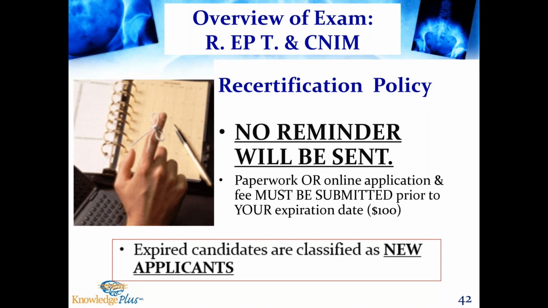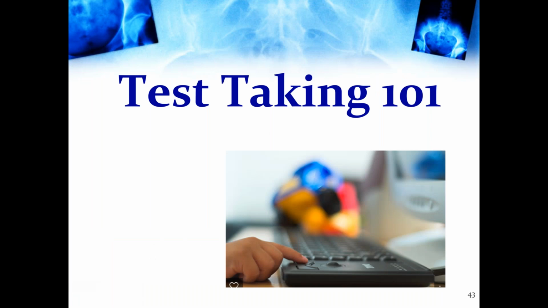There are a lot of people like myself, for instance, I go in the OR, I don't go in the OR as the primary care provider. I teach in the OR. So if I were to expire, I don't qualify to take it again. I don't have the cases. So stay on top of it.